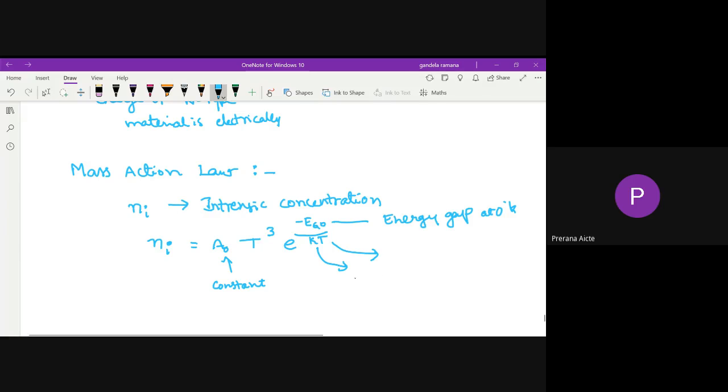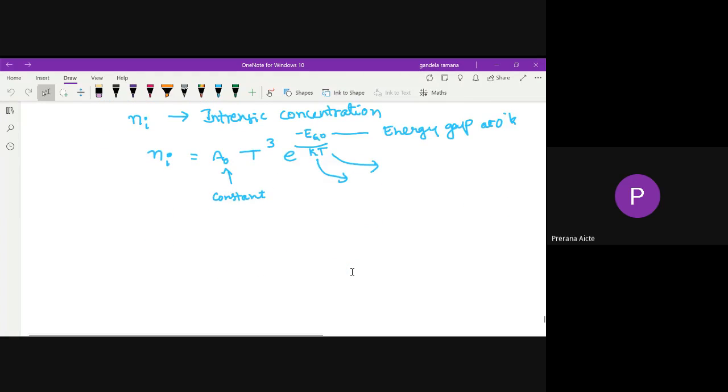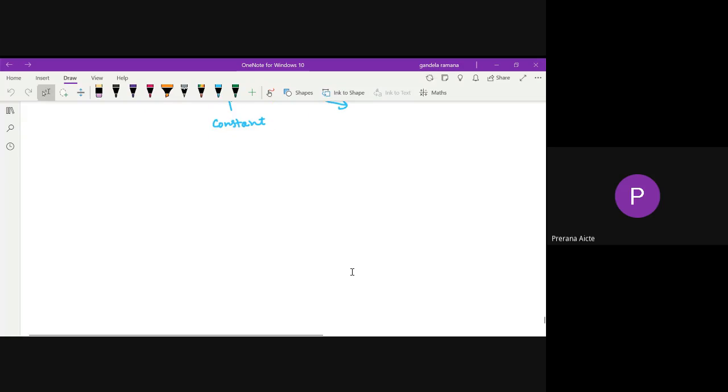When we take n-type material and increase the doping concentration, the number of electrons increases. Temperature is maintained constant.